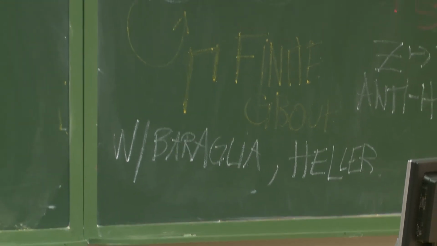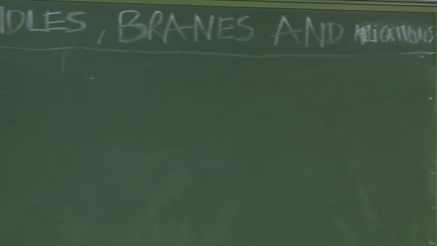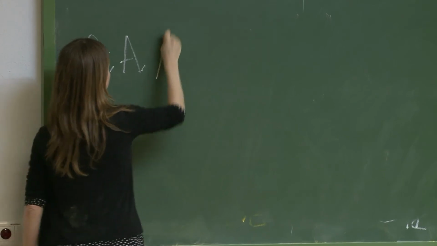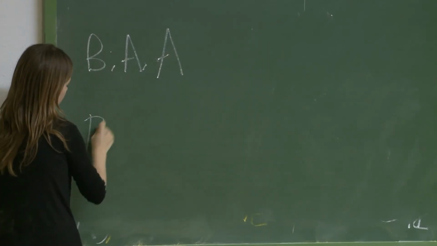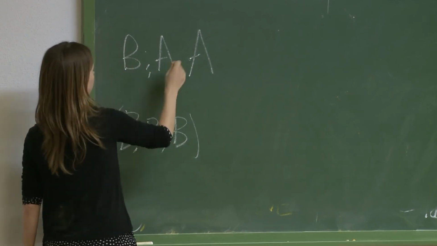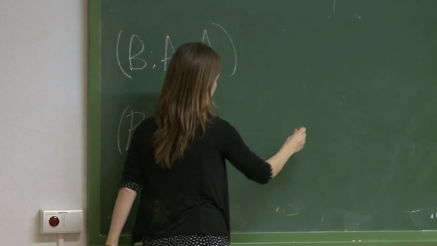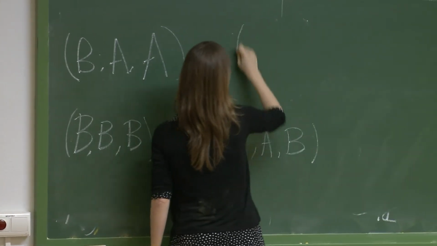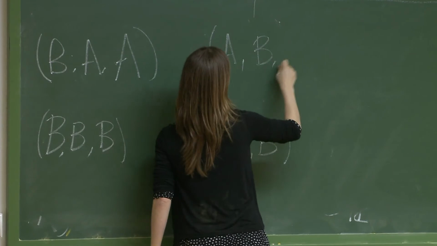So let me tell you what these branes are and how we construct them. We had 4 types: BAA, BBB, AAB and ABA.